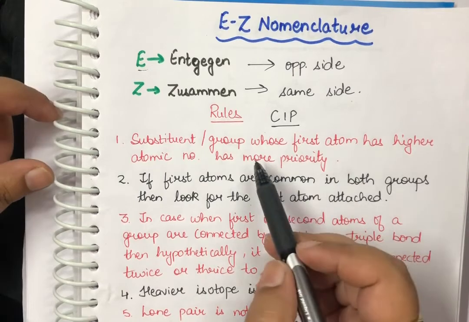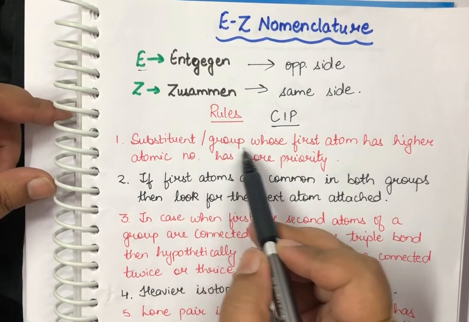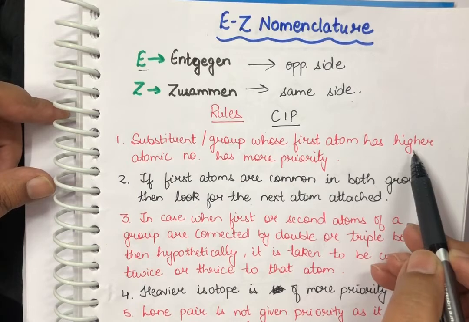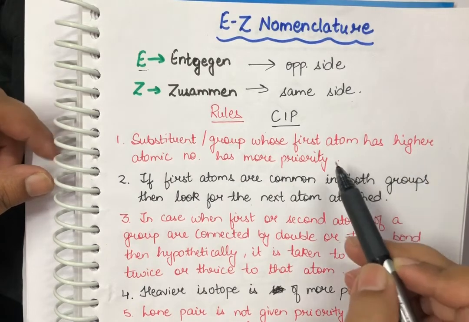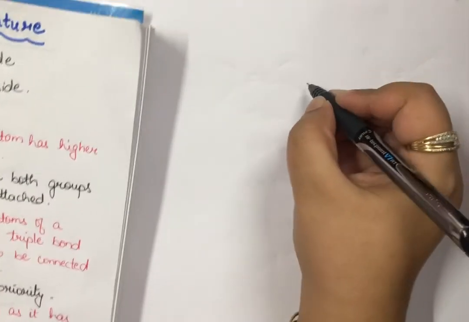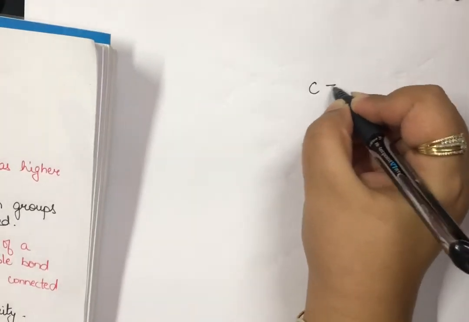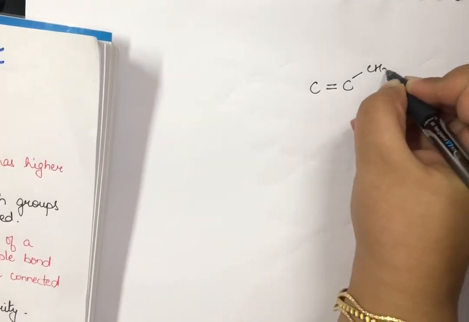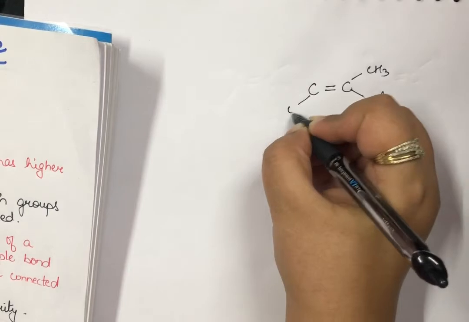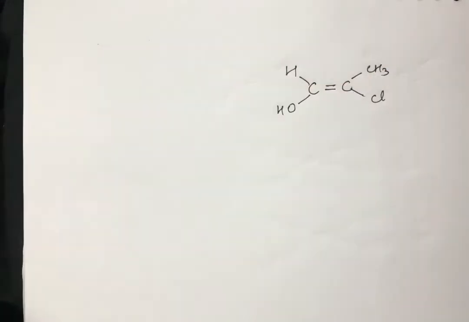Now the very first rule says that the substituent or the group whose first atom has higher atomic number has more priority. I'll explain it with the help of an example. For example, I have a compound like this. Now when I start naming them, I have to consider the priority.